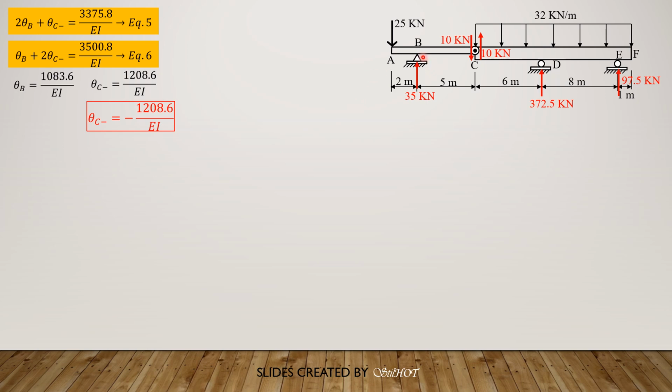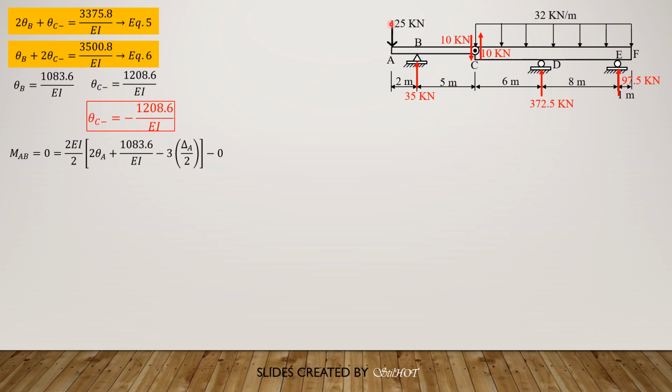Then let's have MAB and MBA. MAB is 0. There's no moment here. Then it is equal to, because there is moment at the far end, 2 EI over 2 times quantity 2 theta A plus theta B, which is 1083.6 over EI clockwise from slope deflection equation.